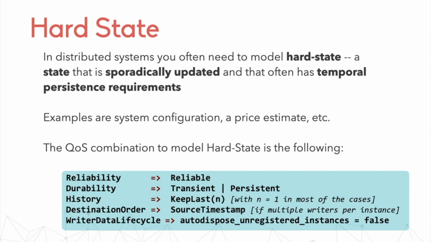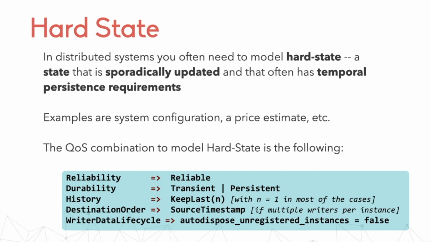So what you want to use is reliable QoS, transient or persistent durability, keep last n history, and typically n in the vast majority of cases equals 1. Destination order set to source timestamp if you have multiple writers for the same instance, and then the writer data lifecycle should be auto-dispose unregistered instances set to false.